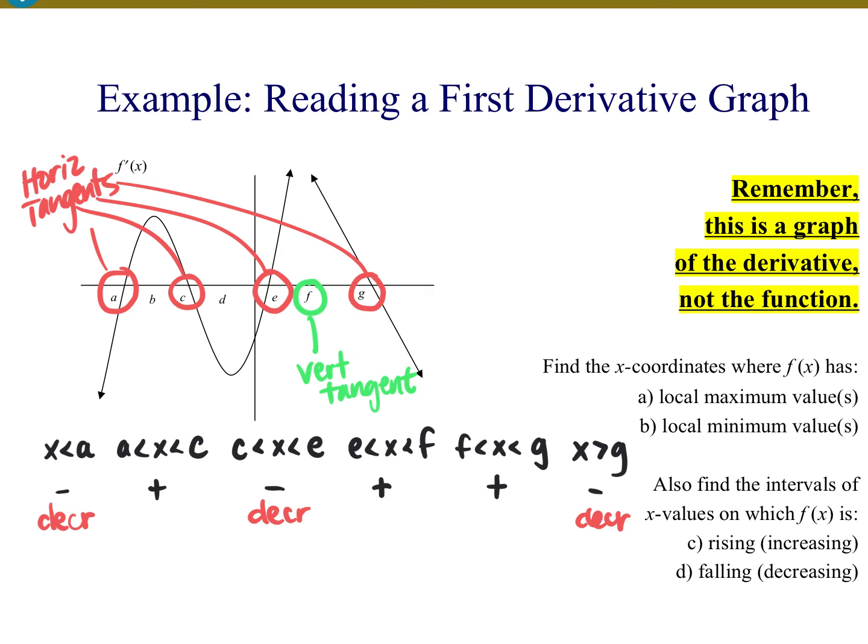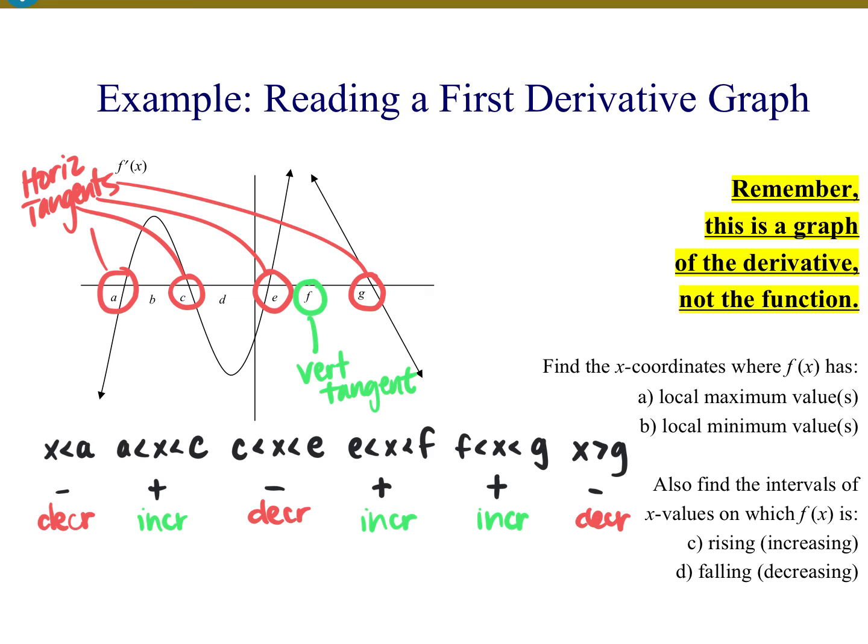Why? Because the first derivative is negative. And then we have 3 increasing intervals. And again, the function will be increasing on those 3 intervals, because the first derivative is positive.